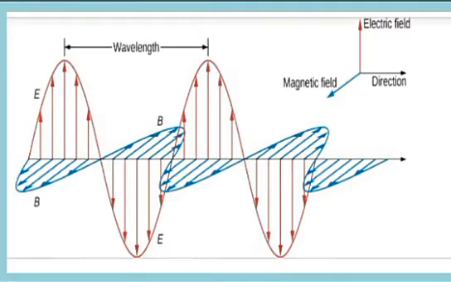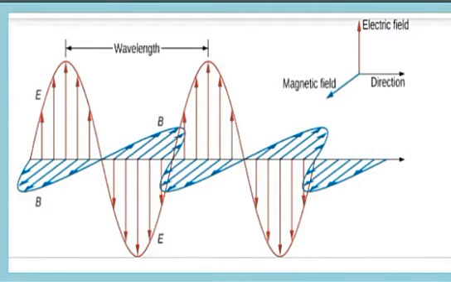Hence the electromagnetic wave means the wave in which electric and magnetic field vectors are perpendicular to each other, and both are perpendicular to the direction of wave propagation. Such waves are called electromagnetic waves.